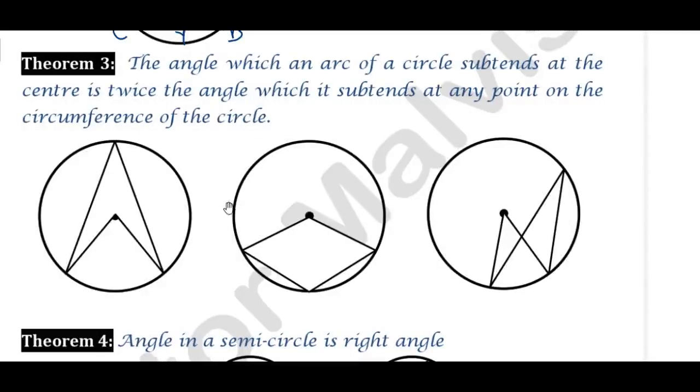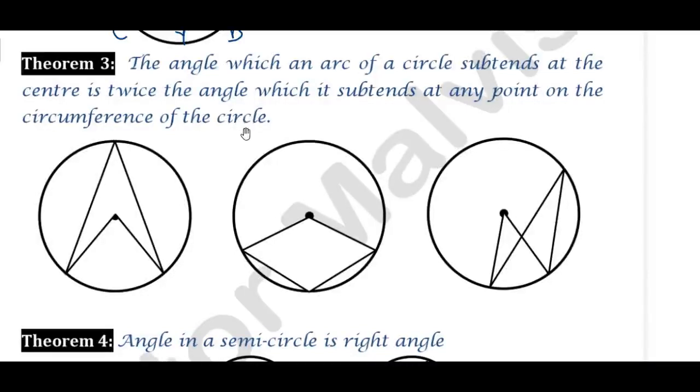All right, theorem 3. For me, this is my favorite out of the circle geometry theorems. I love this particular theorem. It states that the angle which an arc of a circle subtends at the center is twice the angle which it subtends at any point on the circumference of the circle.